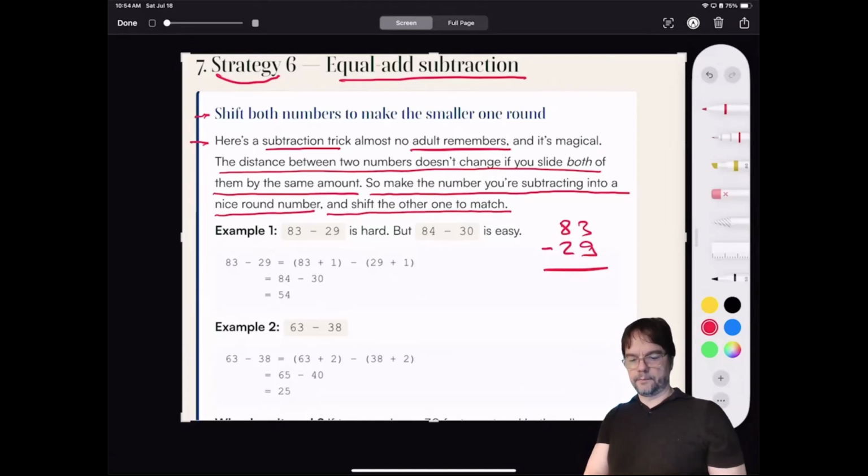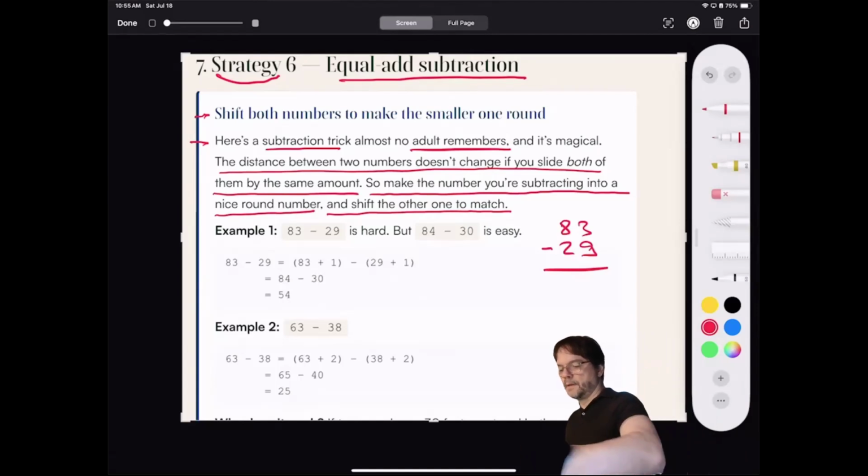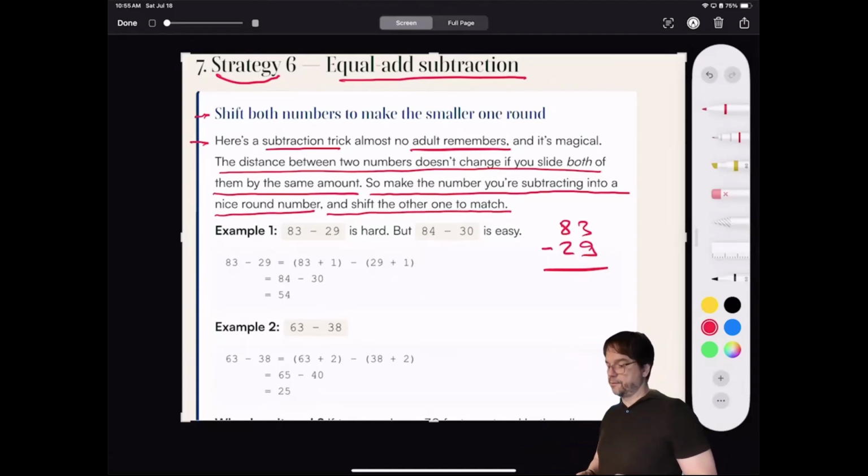Do you want the paper or head? Paper. Just a second. 83 minus 29.